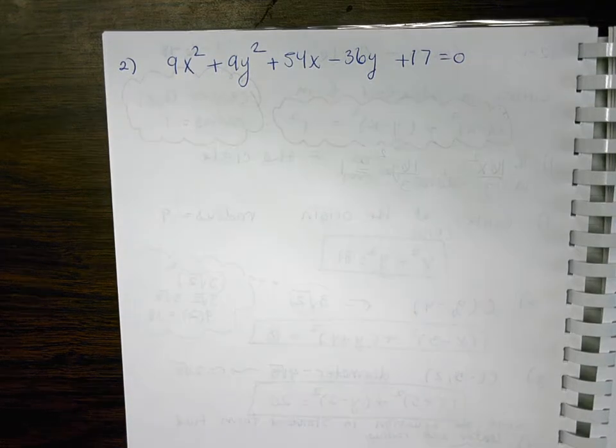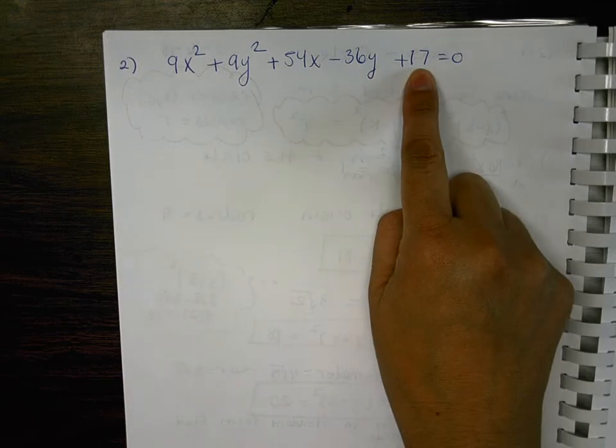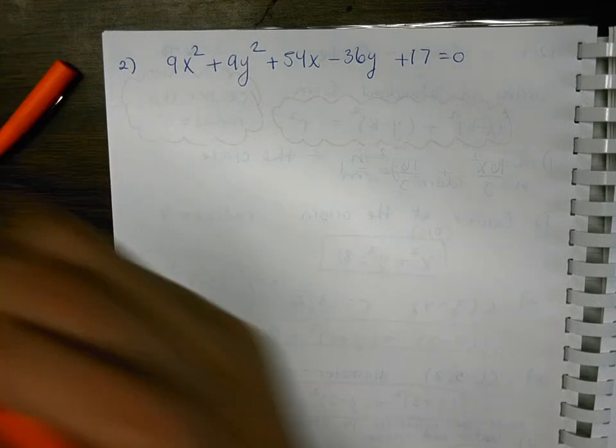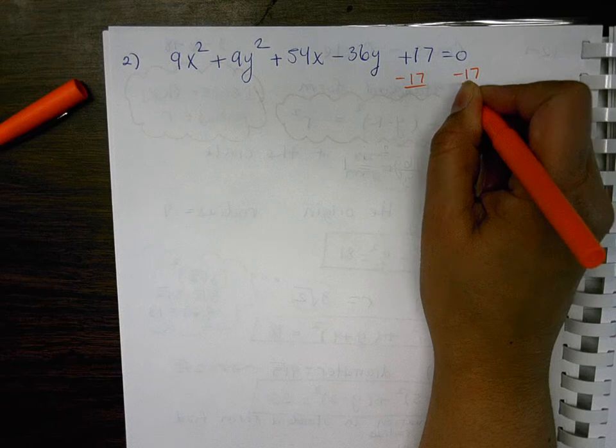All right. Now, we want it to be in standard form, and right now it's nowhere near standard form. We need to pull our x's together, we need to pull our y's together, and we need to get this constant off to the other side. So that's the first thing I'm going to do. I'm going to subtract that constant, and as I subtract it, I'm going to rewrite with variables together.